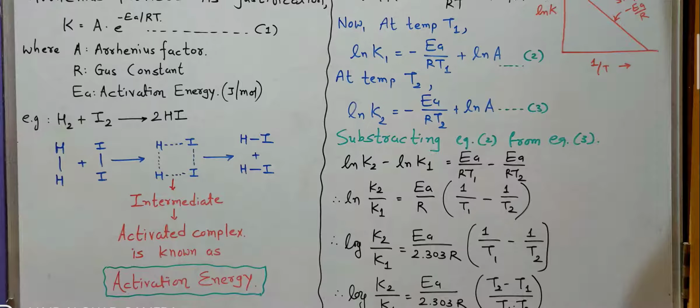In this theory, this intermediate complex is very unstable. Very unstable means it can live a very short time. After that, this complex will break down and be converted into product.